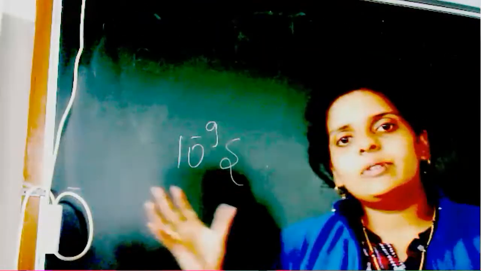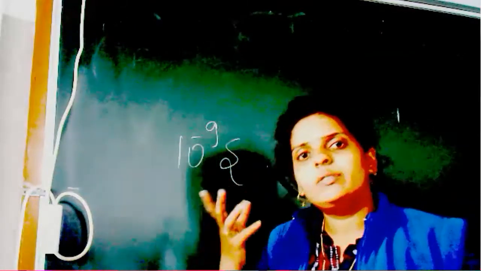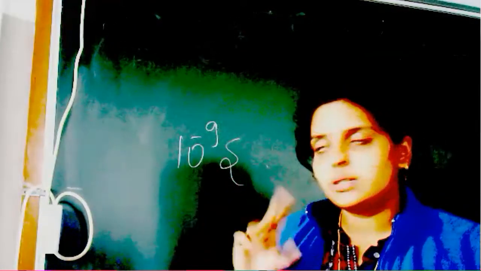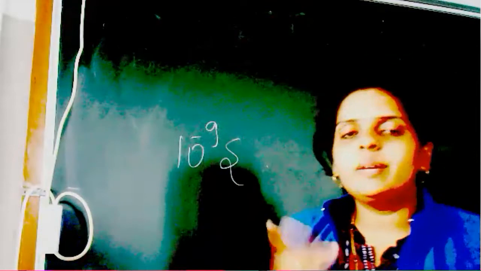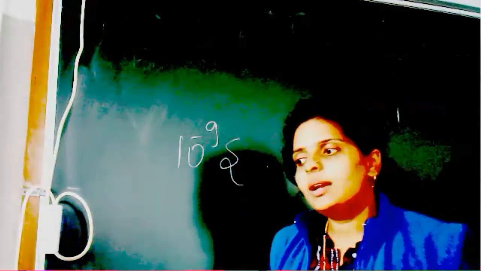It takes only this much time for electrons to leave the metal surface. So we can conclude that the photoelectric effect is an instantaneous process. Is it clear?